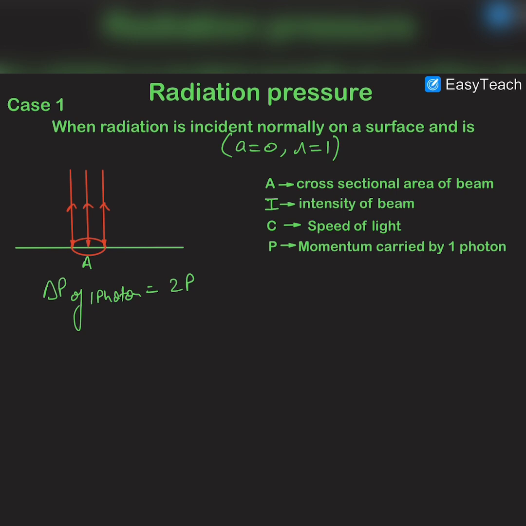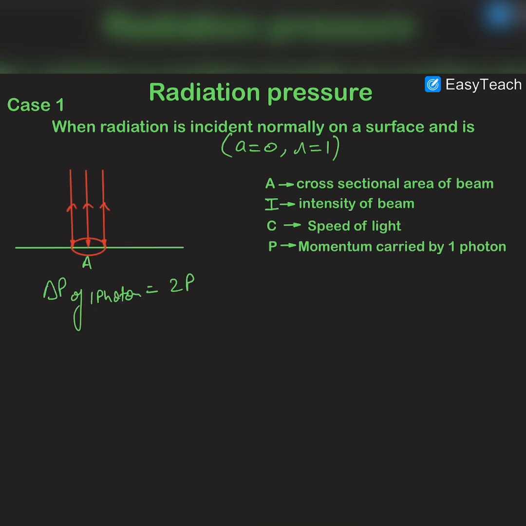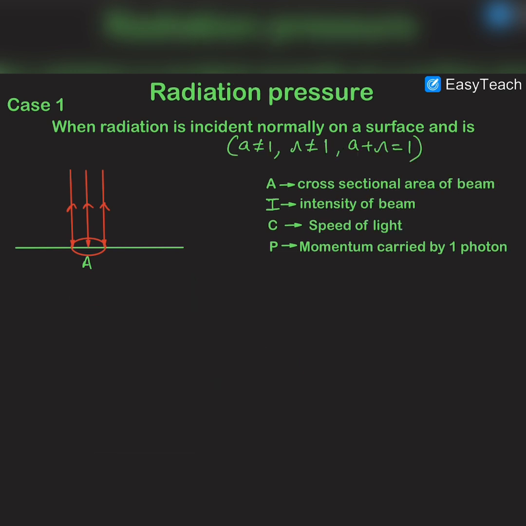So they bounce back with the same momentum p in the opposite direction. So the change in momentum of any one photon will be 2p. By using the same process, the radiation pressure will be equal to 2I by C, because there is an additional factor of 2.